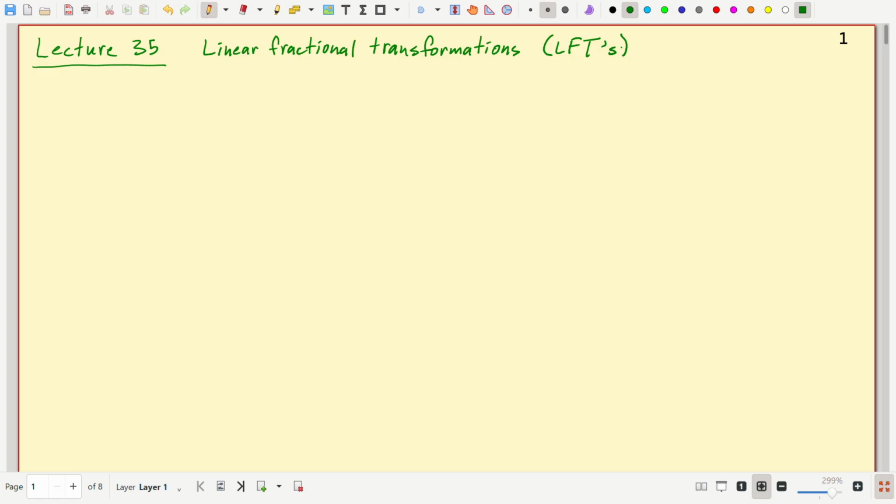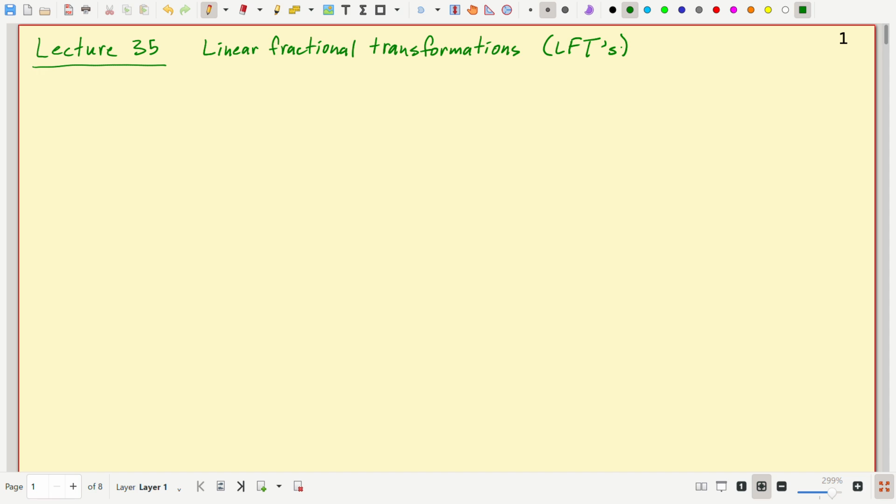Well, today I'm going to talk about a useful tool in conformal mapping. It comes up all over the place, namely linear fractional transformations. After you think about linear transformations, they're kind of the next level of complexity in the conformal mapping business.